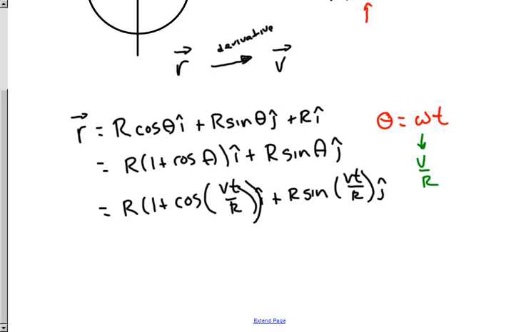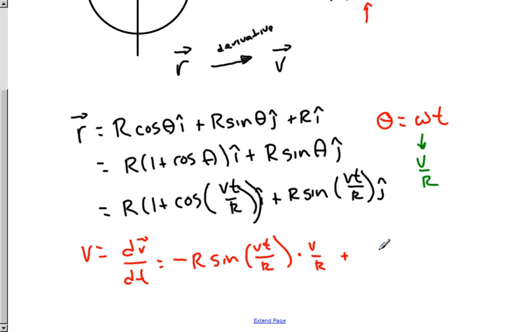Now we need to find our velocity vector, which is the derivative of that. So our velocity vector is the derivative of our radius vector with respect to time, which means as we take the derivative of this, our term with the 1 goes away. We're left with a negative cosine derivative here, so we end up having negative r times the sine of vt over r, and then we have a chain rule, so we have to differentiate the inside, so we will take v over r from the inside.